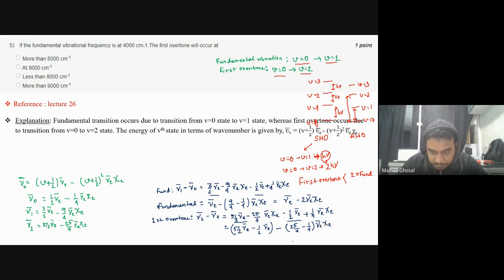Now 5 by 2 minus 1 by 2 will be 4 by 2, so 4 by 2 gives 2. That means 2 nu e bar. Can you see it?